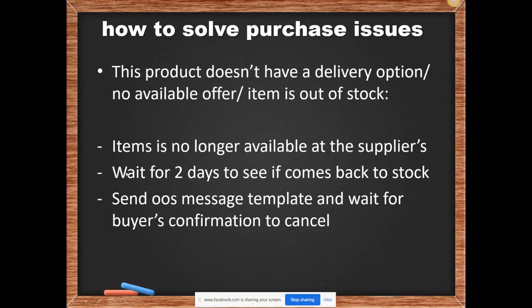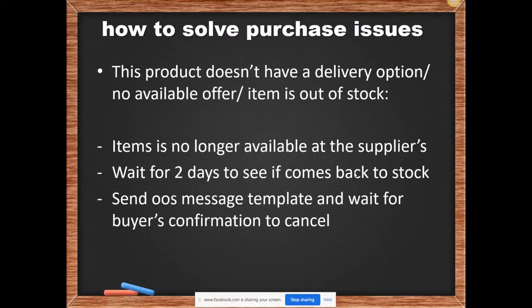I suggest that you go over the purchase issues every day. But when you first see it, for example, today is July 13th. If I see a purchase issue from today, an order that fell today, and I see it's out of stock, I give it 2 days to see if it comes back in stock.